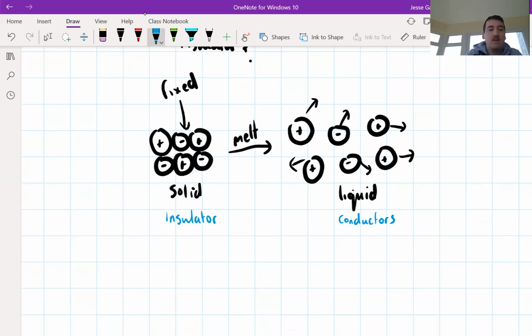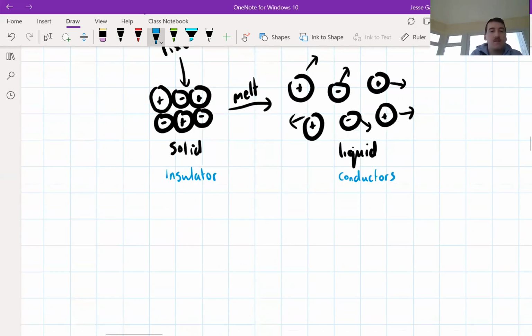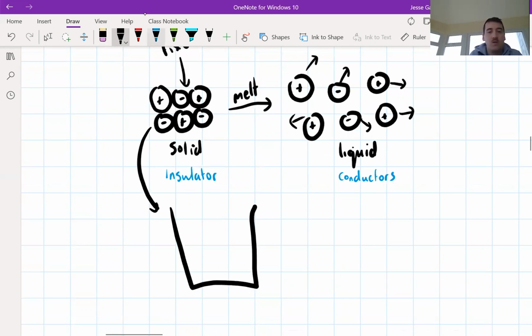There's another way we can do this. We could take our solid and we could add it to water. When we add our solid ionic substance to water, the substance dissolves.